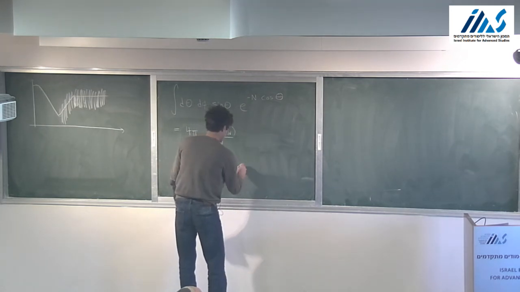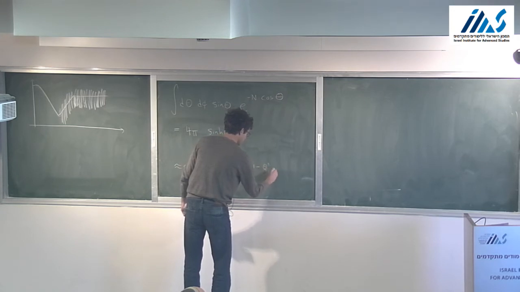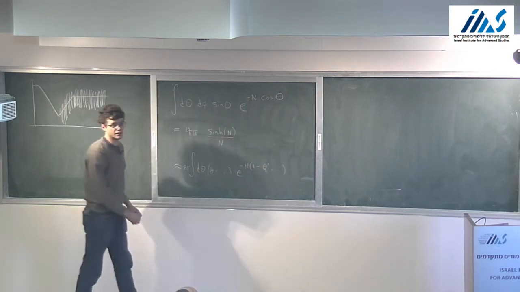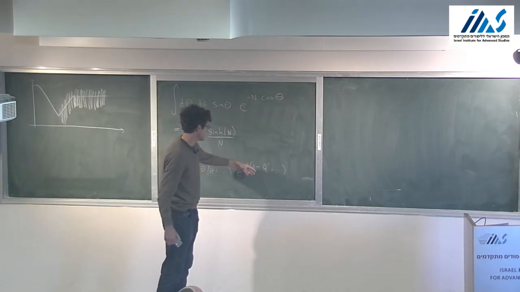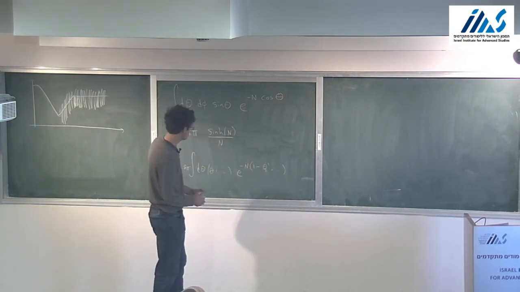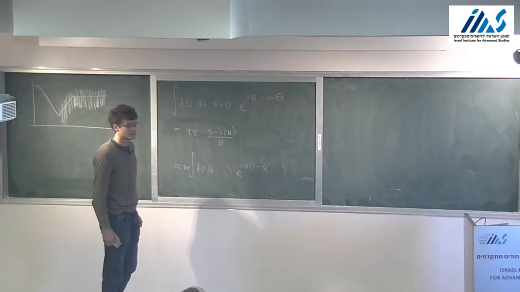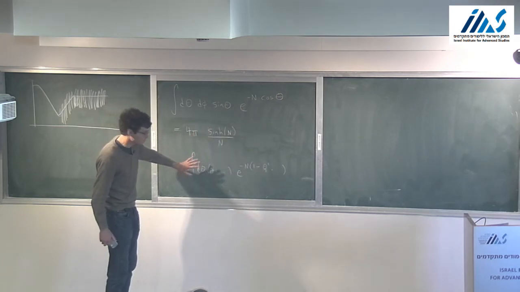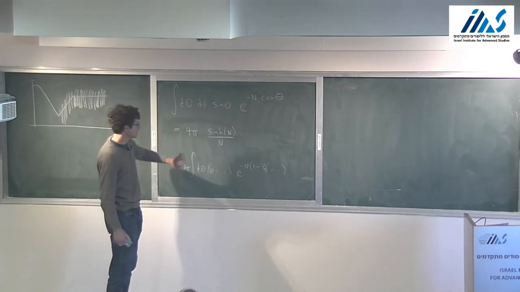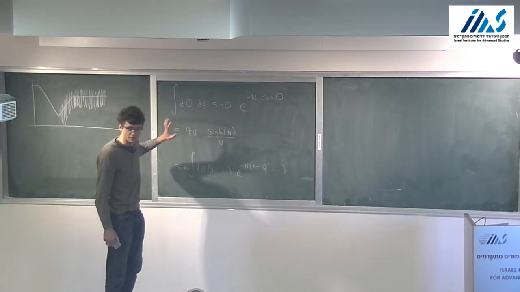Then we do the same thing in the exponential: e to the minus n times 1 minus theta squared over 2, plus higher order terms that will be negligible if n is large. And we do just this integral, d theta theta, e to the minus n times 1 minus theta squared over 2. We add the contribution from the north pole saddle point and the south pole saddle point, and we get exactly this function. So this approximate evaluation at large n gives us the exact answer. This is what it means for an integral to be one-loop exact.